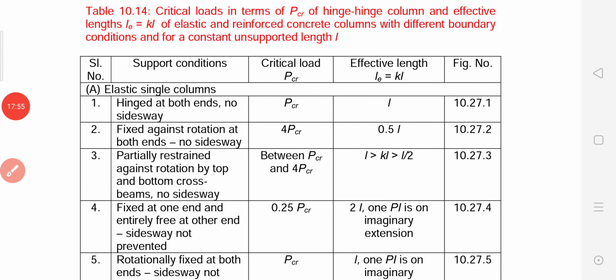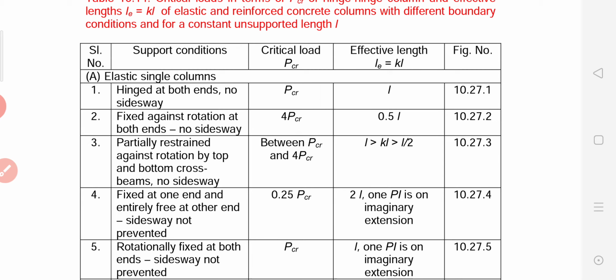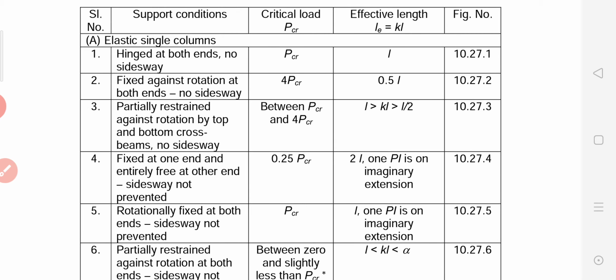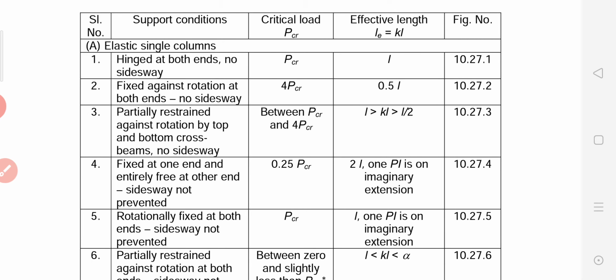This is the table of critical loads in terms of PCR: critical load of a hinged column and effective length L equal to KL of an elastic reinforced concrete column with different boundary conditions and for a constant unsupported length. So these are the support conditions, critical load and effective length.